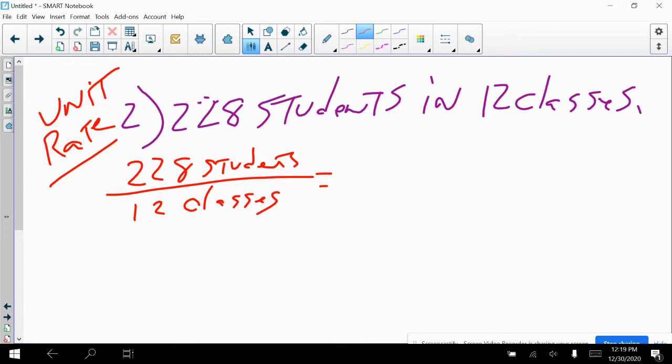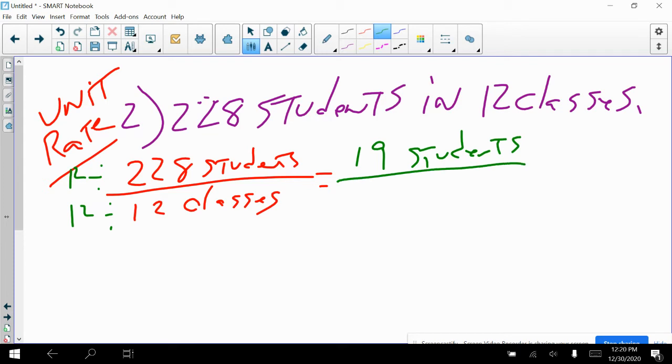So if we divide by 12, because I know that 12 goes in, right? And again, if you haven't figured this out yet, always start with the smaller number. Okay, see if the smaller number can go into the bigger one. Okay, if it can, then you've obviously found the unit rate of something, and then you just have to divide correctly. Okay, so if we divide by 12, that's going to make 19 students per every one class.